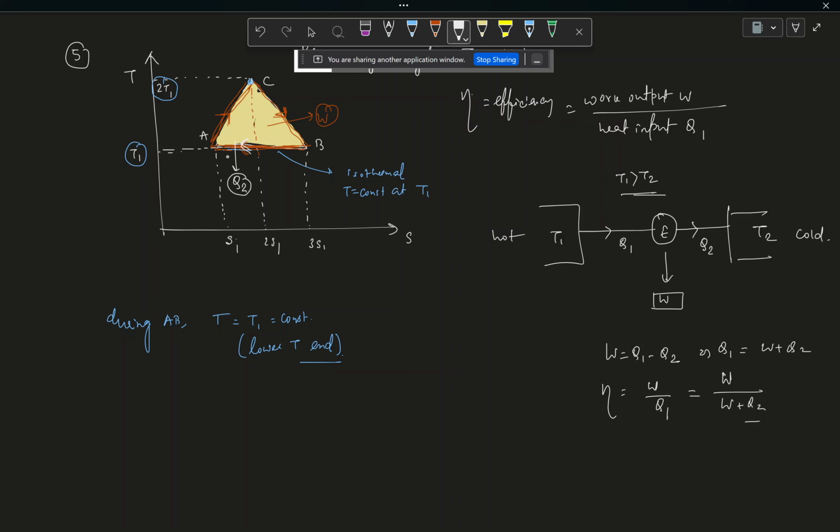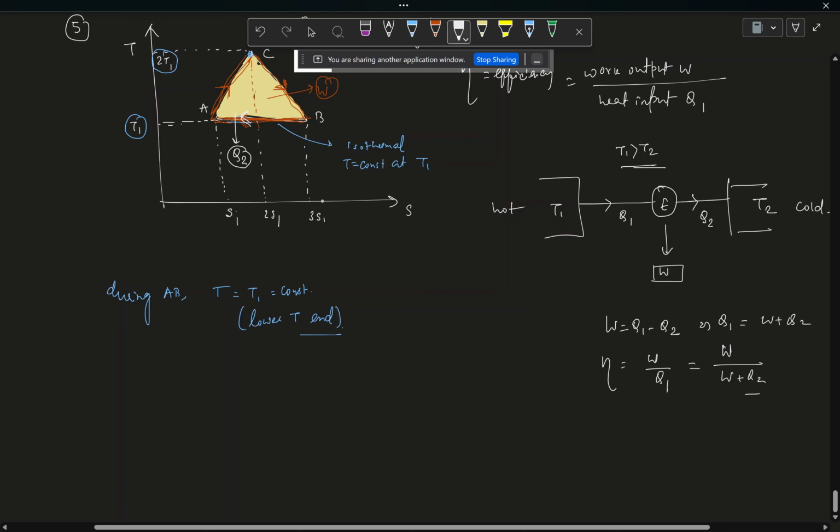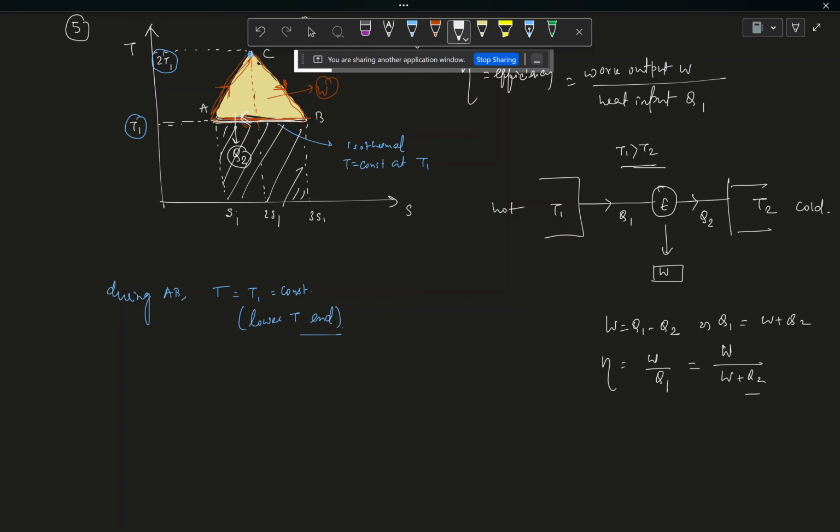So basically, if AB is the part where your Q2 heat will be released in the cold body, which is at a lower temperature, that is T1 in this case, then if you just integrate out the area under this AB line as in the TS diagram, you will be getting your heat that is released to the cold body. So what is this area? This area is this rectangular shape under AB.